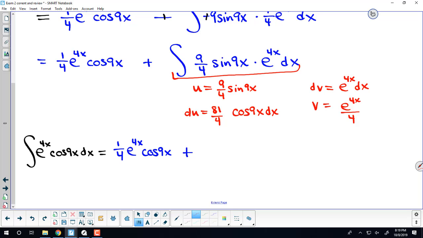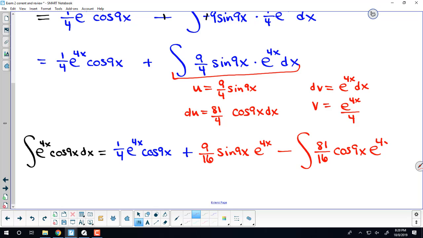So that's u times v again, so we have 9 over 16 sine 9x e to the 4x. So there's u times v minus the integral of v du. We have 81 over 16 cosine 9x e to the 4x dx.